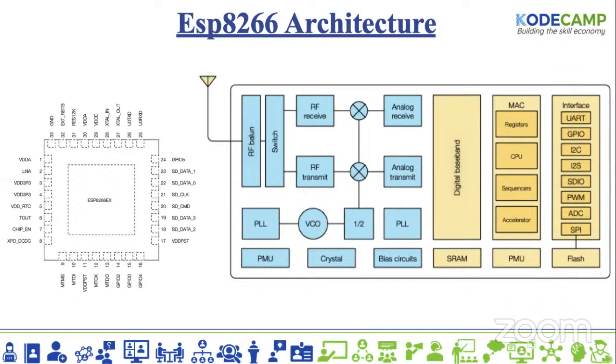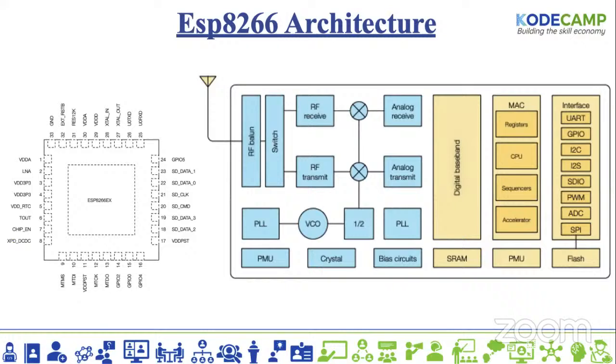It also has fragmentation, two virtual Wi-Fi interfaces, and automatic beacon monitoring. It can be used for BSS, or infrastructure mode, and also supports AP, and it also supports promiscuous mode.